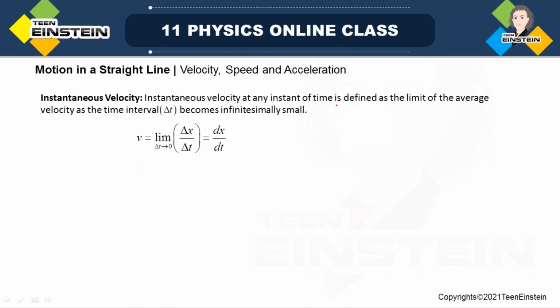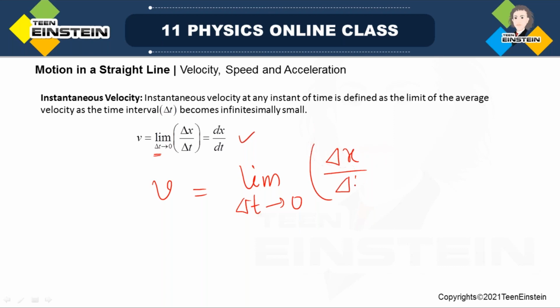Instantaneous velocity is defined as the limit of the average velocity when time delta t tends to 0. That means the interval becomes very small. Mathematically it can be written as this limit: v equals limit delta t tending to 0 of delta x by delta t.